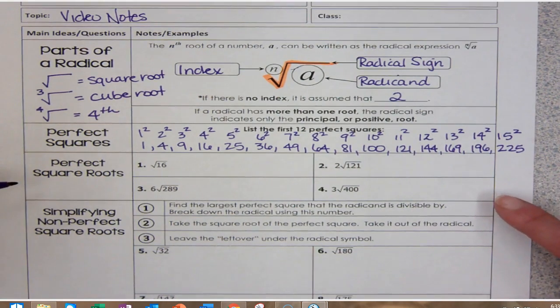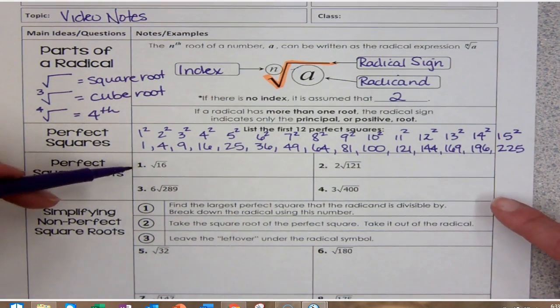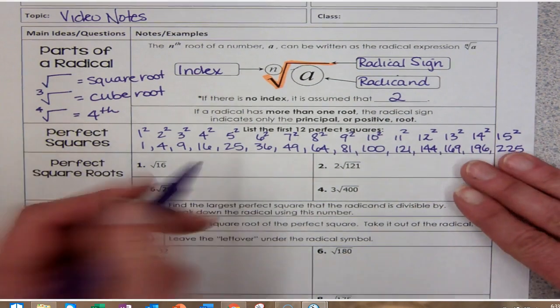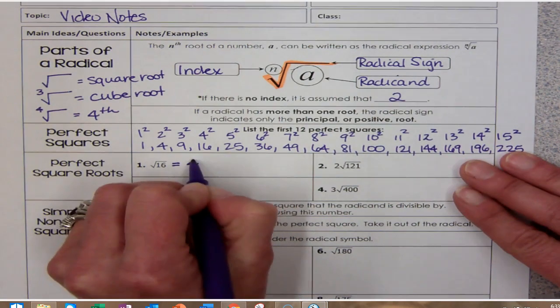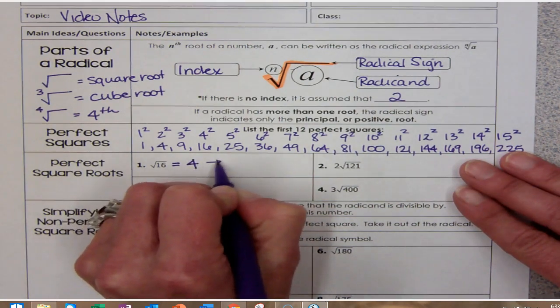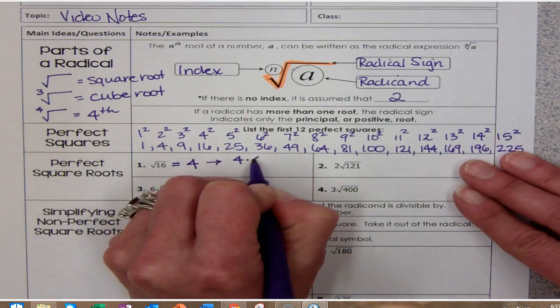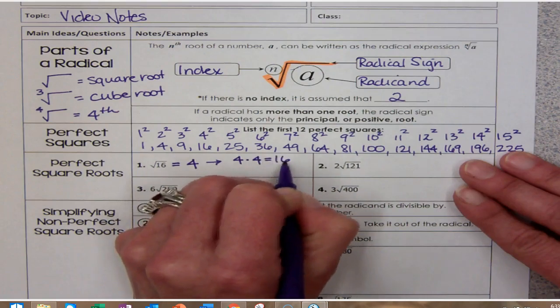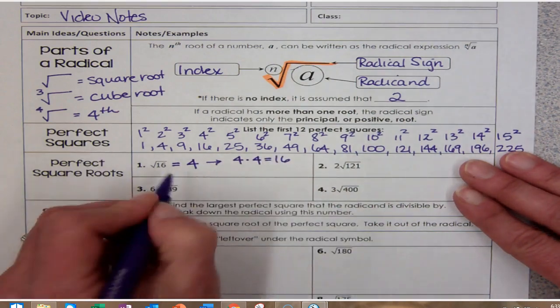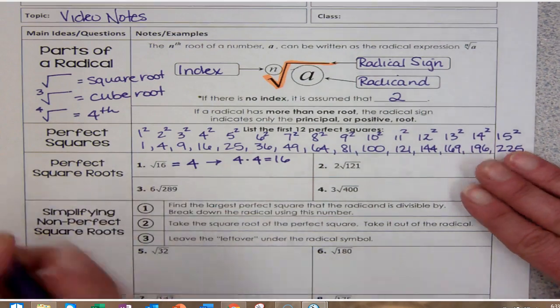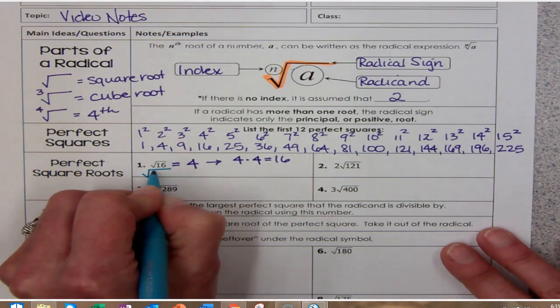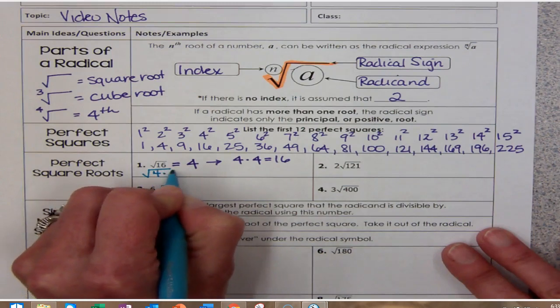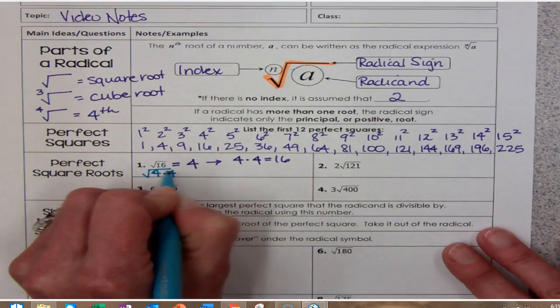So when we have your perfect square roots, here, for example, the square root of 16, we know that the reason the square root of 16 equals 4 is because 4 times 4 equals 16. So you can rewrite this square root of 16 as the square root of 4 times 4, right?